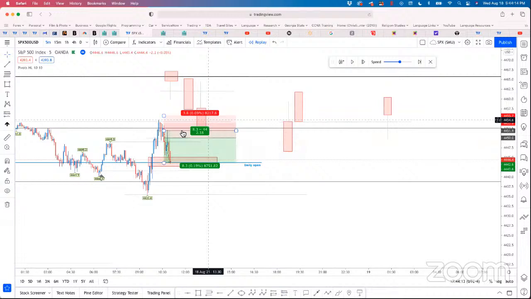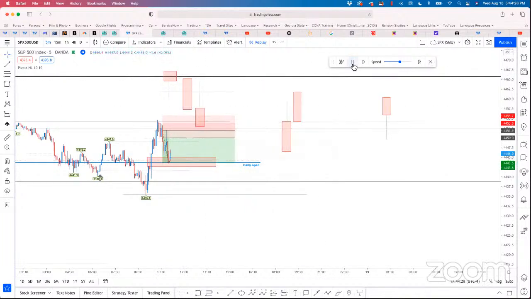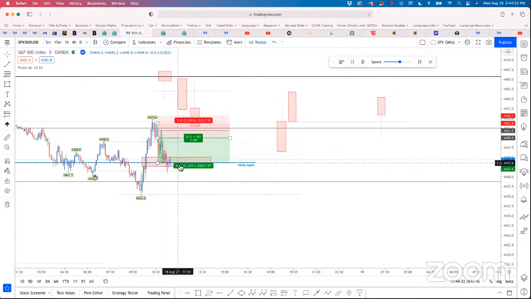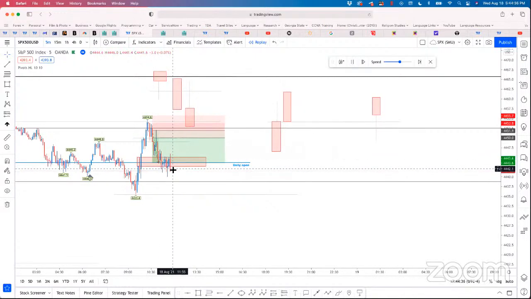This is the entry right here, the return. Now we see this confirm, price pushes us further down into this area, and we kind of play around right here. Now, I did not see that big sell.